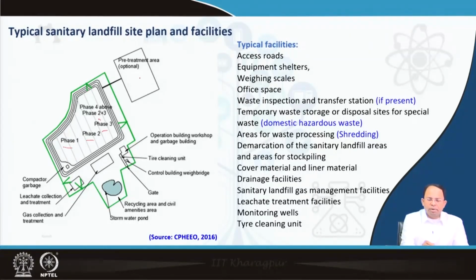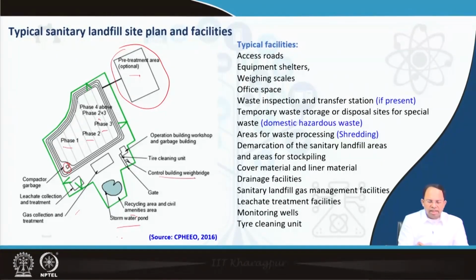Then there are pre-treatment areas. If I want to do some sorting of the waste or some amount of recycling, that could be done there. It's a big center. Then we could use a compactor, so that before we put in the garbage, we first compact it and then put it inside. Then we have a leachate collection and treatment system, a gas collection and treatment system, and a stormwater pond, which is required for surface water management.